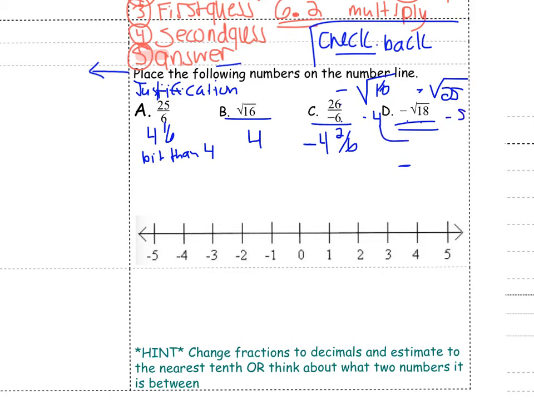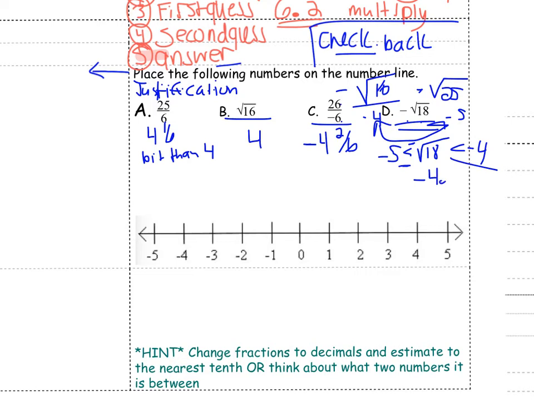And I actually have these flipped because it's negatives. So we're going to have a negative 5 is less than that square root of negative 18, which is less than a negative 4. So we know that it is really close to that negative 4. So it is going to be negative 4 point something.